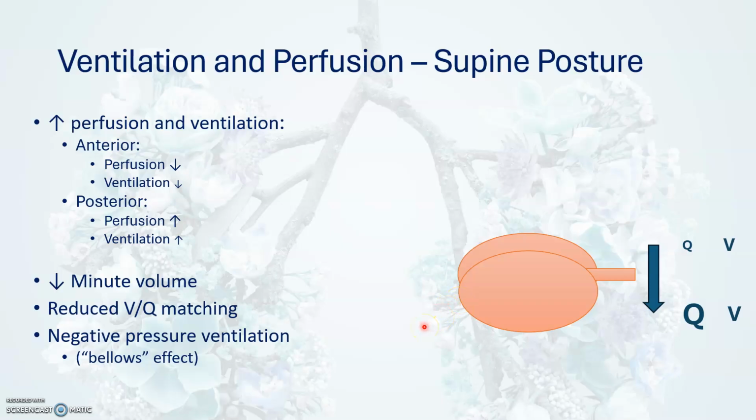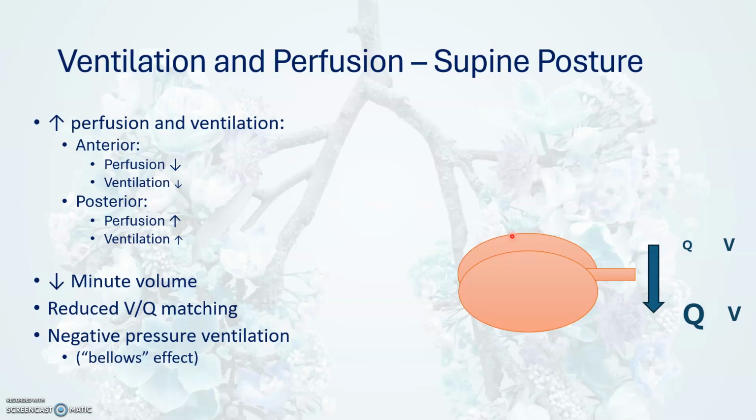There's a more marked change in perfusion, however. Because of the effects of gravity, perfusion to the posterior part of the lung, which is now dependent, is greater than perfusion to the anterior part of the lung.